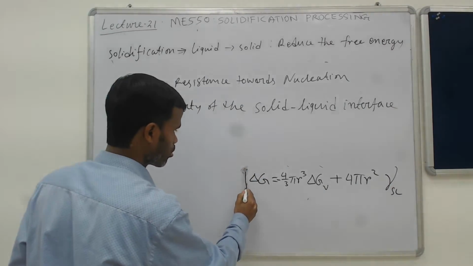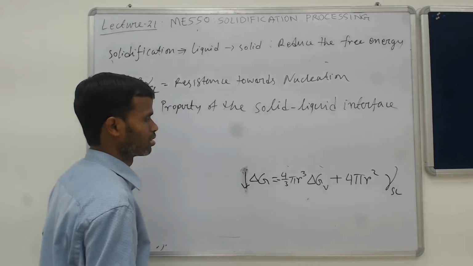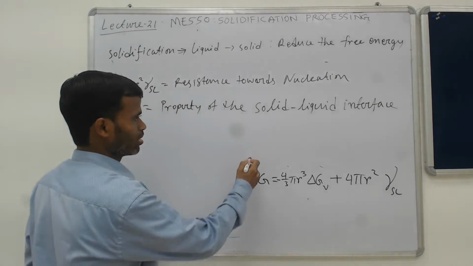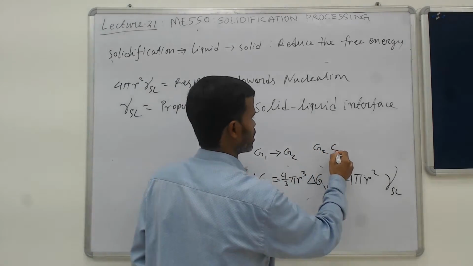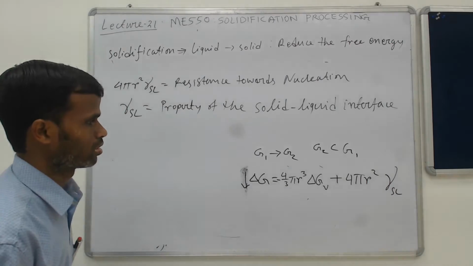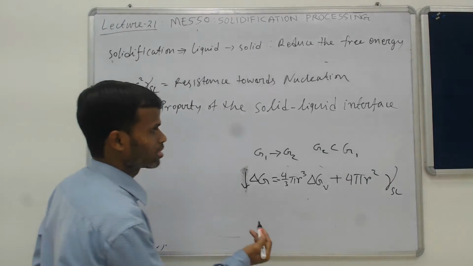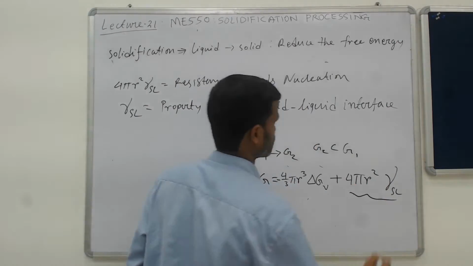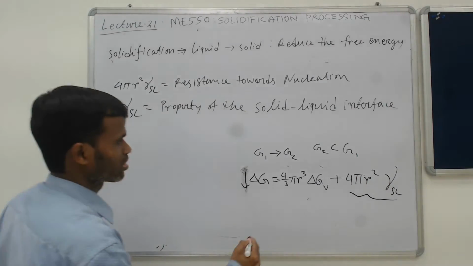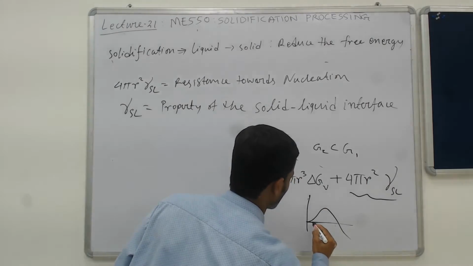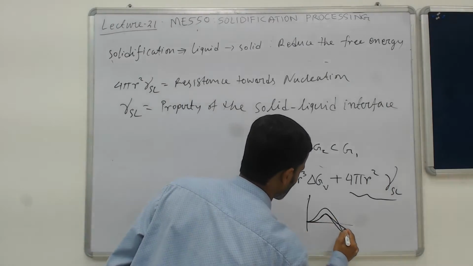what will happen? You have to drop this free energy. The free energy change has to be negative. That means if the system is moving from G1 to G2, G2 has to be less than G1, the free energy after transformation, compared to the one before transformation. So you have to reduce this resistance term, like bringing it down, something like this, while keeping the other thing constant.